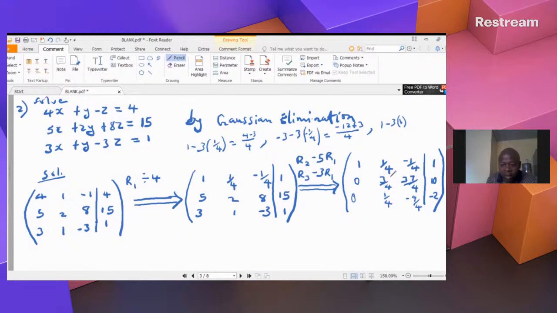Create a 1 in this position where I have 3 out of 4, and use that created 1 to clear elements below it. So let's do that.